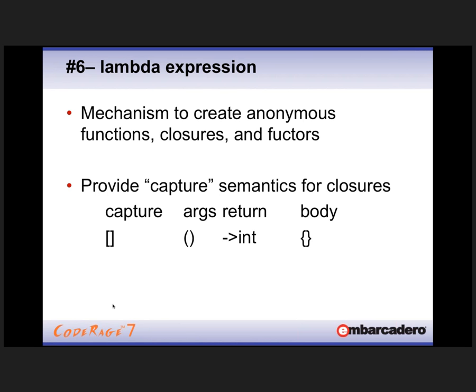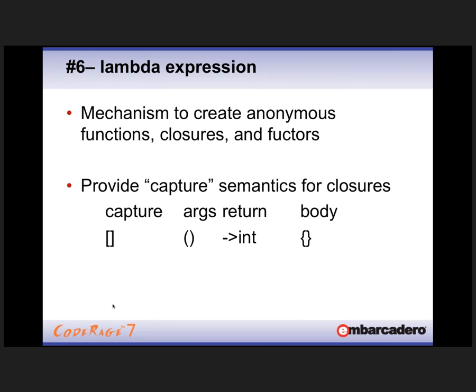The basic syntax, and this is for closures in particular, uses capture semantics. So you have an operator called the capture operator, and these are shown in the square brackets. This is how you start a lambda expression, and you're basically saying, I want to capture these types from the local scope that I'm in.